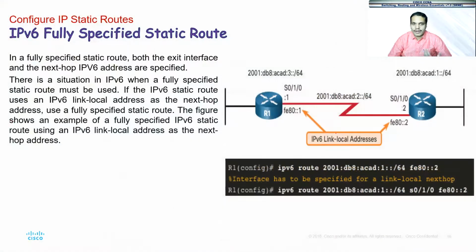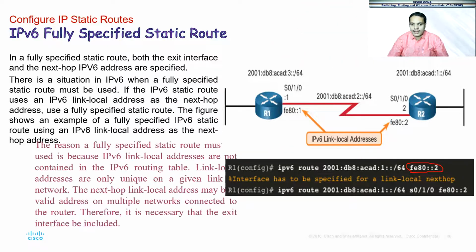The same thing holds good for your IPv6 also, except for one difference. When you want to do a static route with a link local address as the next hop, it will not take the link local address alone. So for this, you have to mention a fully specified route only. There is a situation in IPv6 when a fully specified static route must be used, because you cannot simply use this link local address.